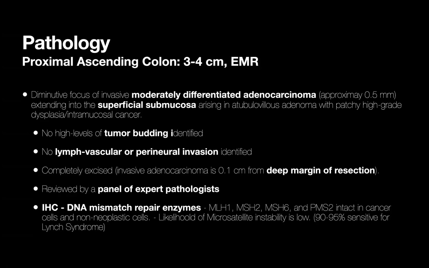So we should try to resect them as much as possible en bloc. I think this pathology also highlights why doing a piecemeal cold snare resection would not really be right. Yes. Right.